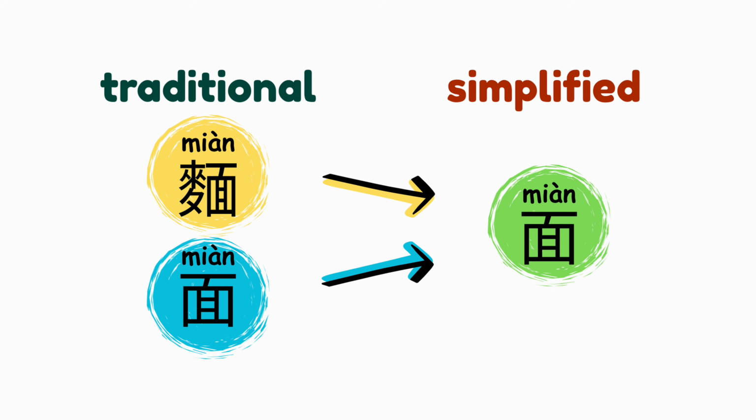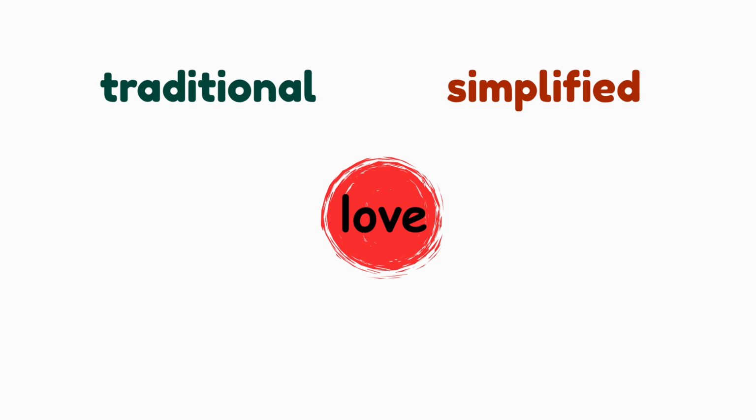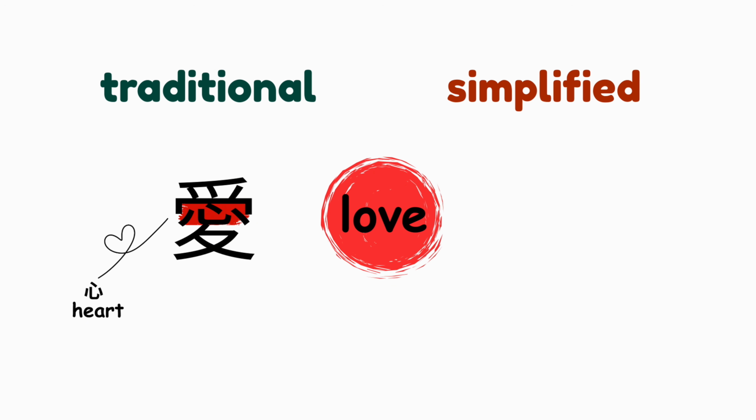As a result, simplified Chinese has fewer total characters. Because of this, traditional characters often preserve meanings more clearly. For example, in traditional Chinese, 愛 contains the heart component. In simplified Chinese, it's 爱, no heart inside anymore.